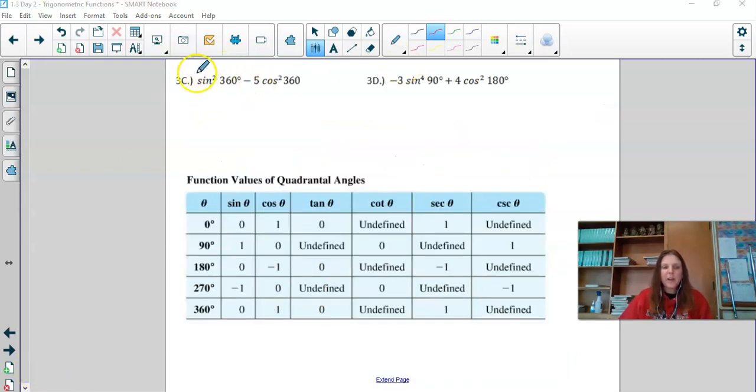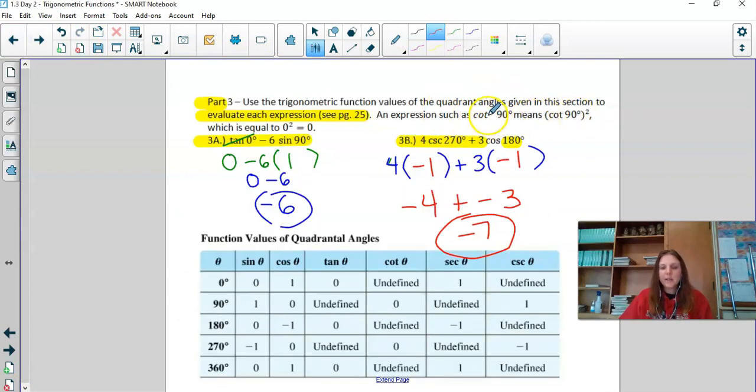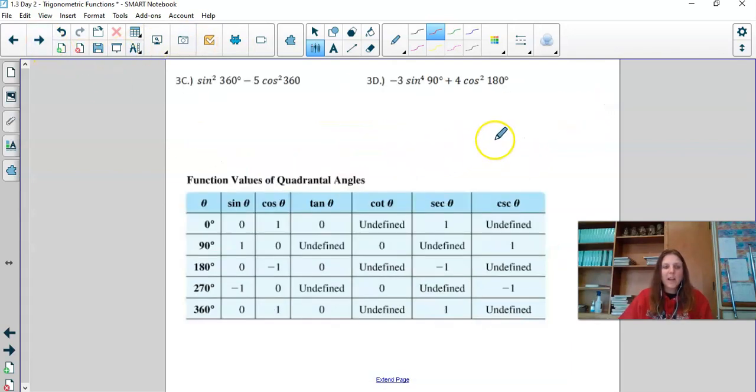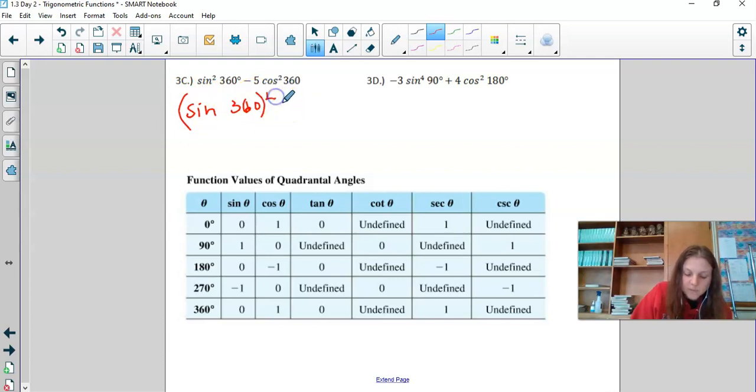The last two have squares and then fourth power. By definition, it says the cotangent squared 90 means you take the cotangent of 90 and square it. So that means I'm going to take the sine of 360 and I'm going to square it. Minus 5 times the cosine 360 and square that.